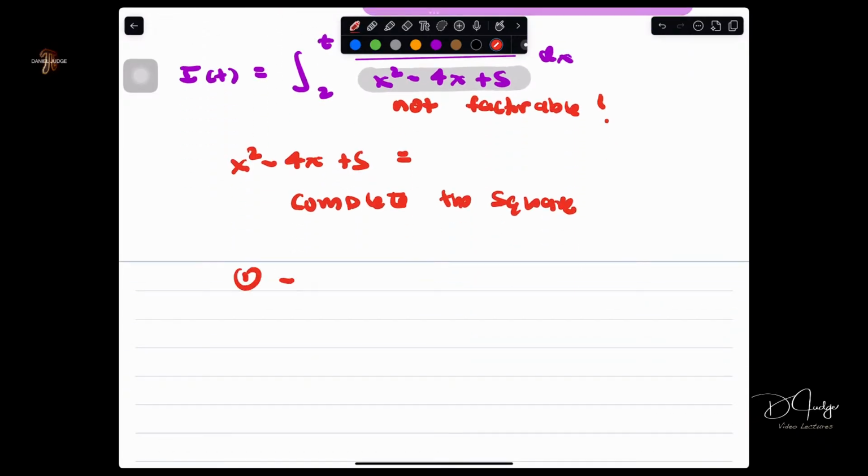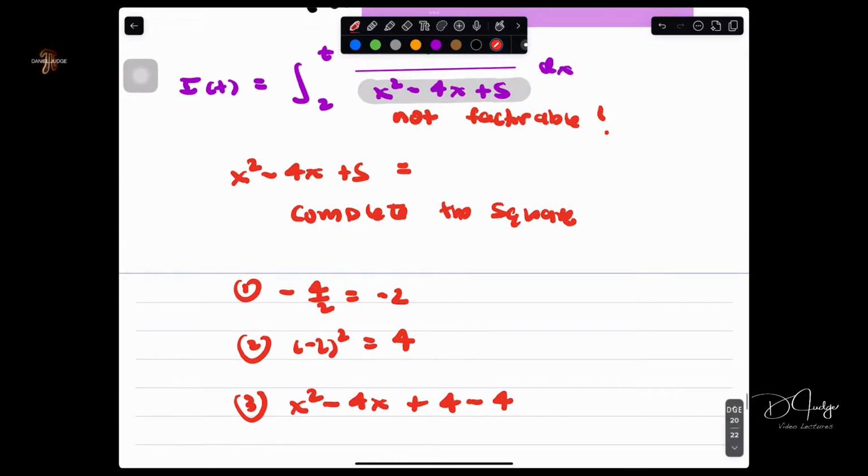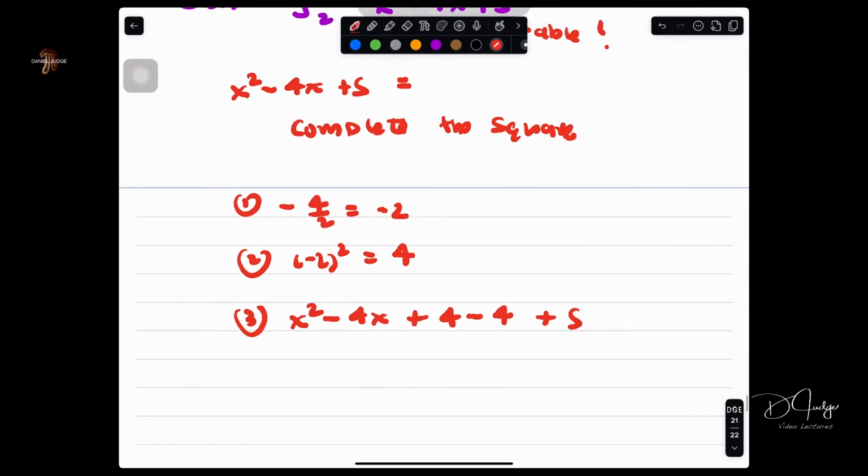So the first step, we say, okay, -4/2 is -2. Take the -2 and square it. You get +4. The third step is to take x squared minus 4x plus 4 minus 4 plus 5.